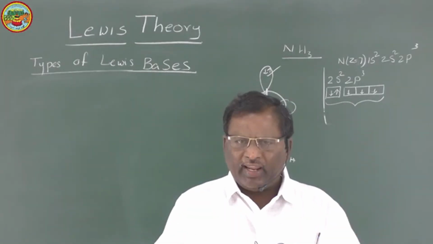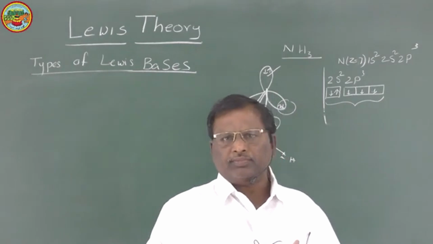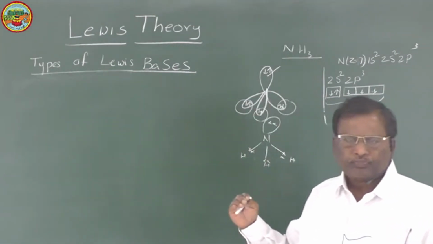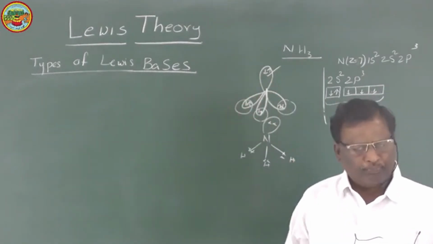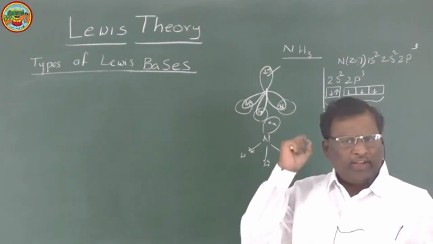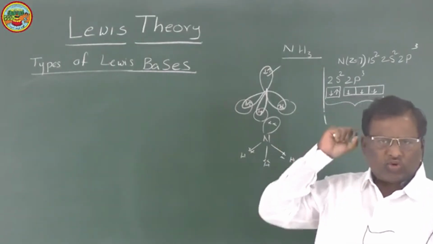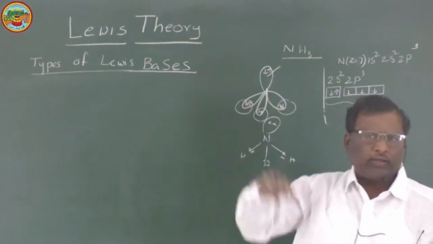I cannot donate unless the other person is there to accept. Here also, in the valency shell of nitrogen of the NH3 molecule, one pair of electrons is there. Now the NH3 molecule is trying to donate it, provided another species is there to take it.